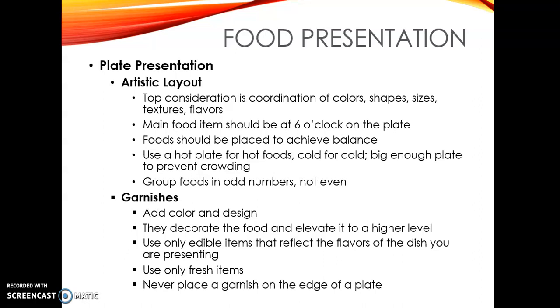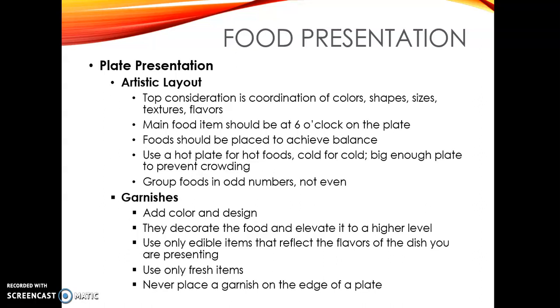So place it in the oven, on top of the oven, just to warm those plates up. And if you are serving something cold, you want it on a cold plate. So for salads, your plates should go in the refrigerator first to chill them so that you don't wilt your greens the moment you put them on a plate. Make sure your plate is large enough. And then you want to group your foods in odd numbers, which I'm going to show you in the next slide. It really makes a difference aesthetically.